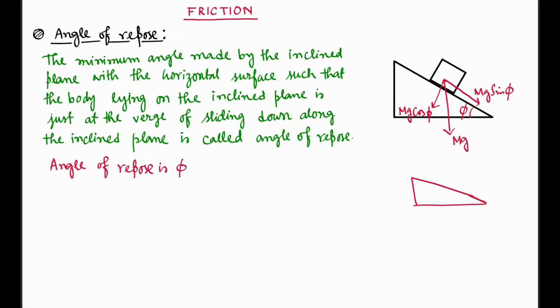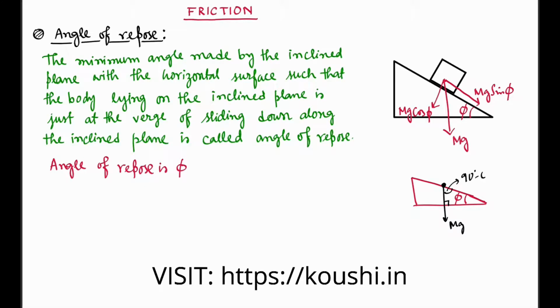If we draw an inclined plane and this angle is phi, suppose here we placed a point mass mg, this is perpendicular to the surface. Therefore, this angle is 90 degrees minus phi.